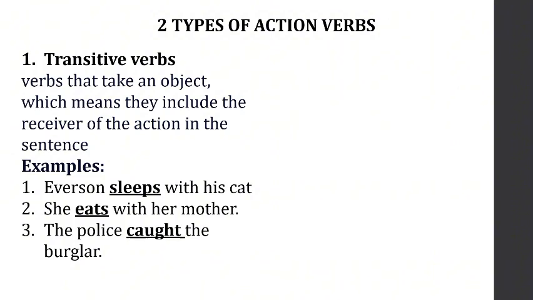If we study the first example, Emerson sleeps with his cat, we are going to identify the subject that we've already identified a while back in the sentences I provided in the last slide. For this one, we have our son, she, and the police.